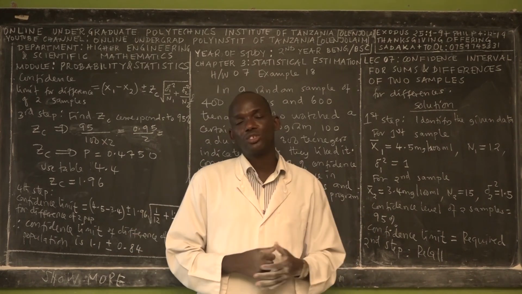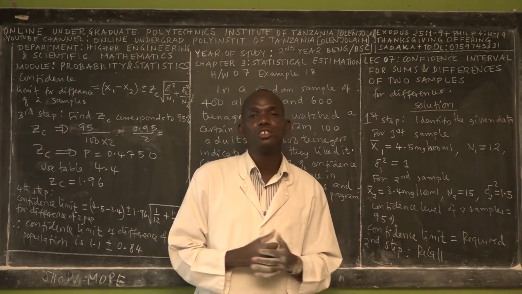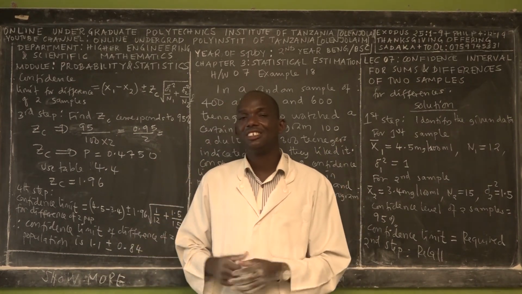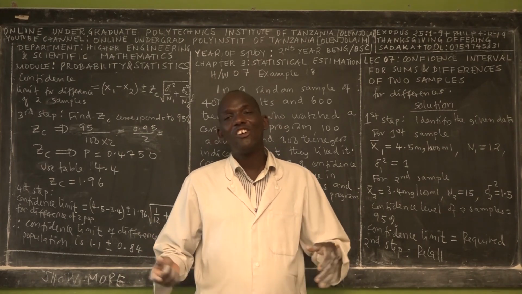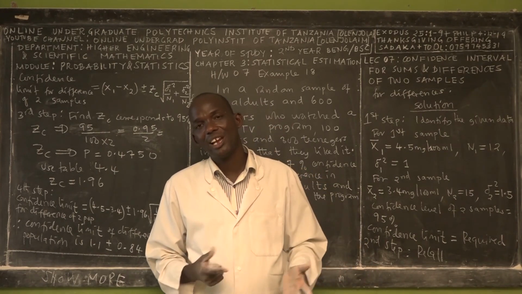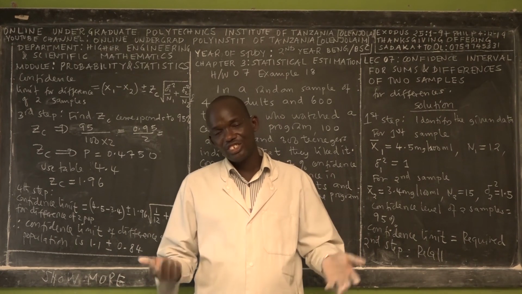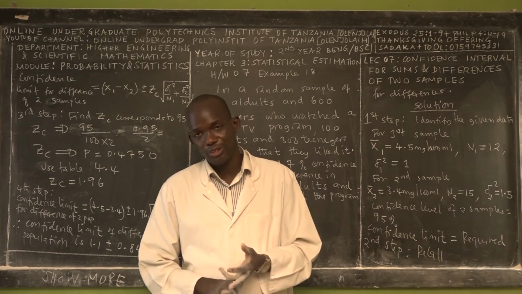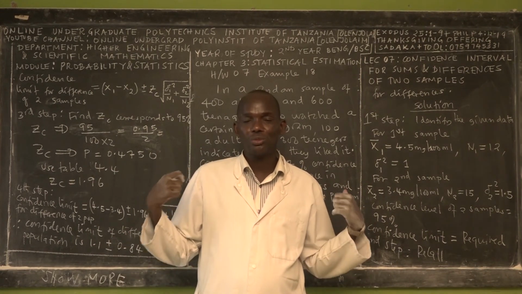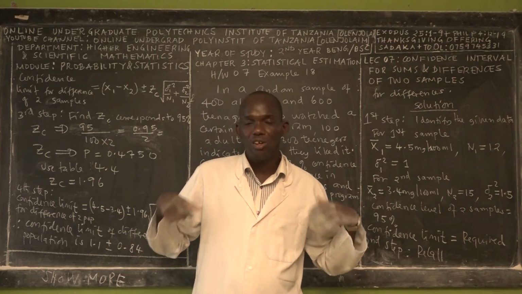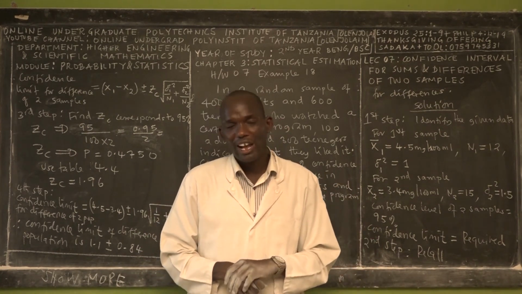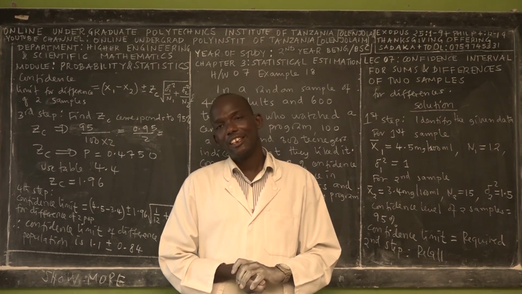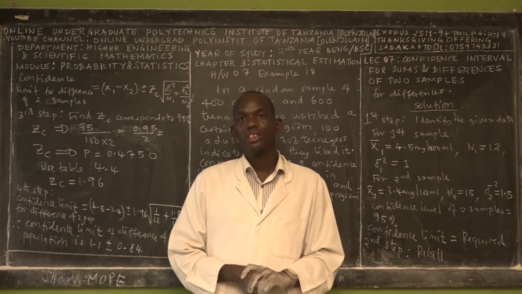The module of the day is probability and statistics, which is taught at the Institute of Technology for all undergraduate second year or third year students, because at the IT we have students doing different engineering and science programs for 3 years, and others for 4 years. So this module is taught in the second semester of the second or third year of undergraduate studies in different engineering programs, including laboratory science and technology.